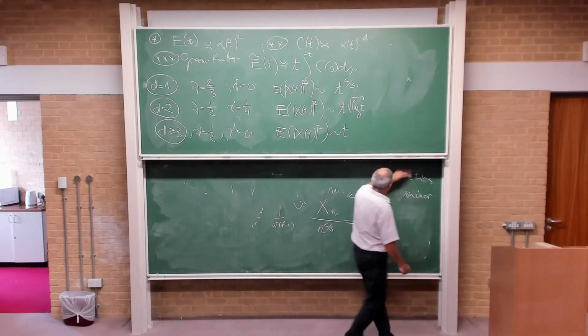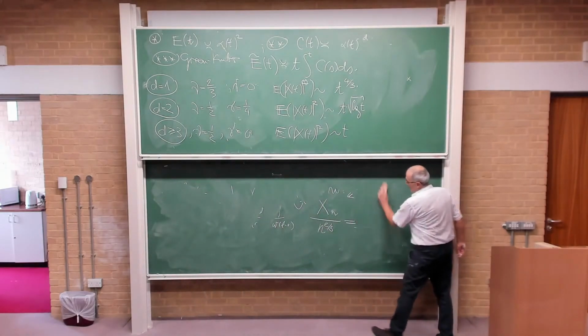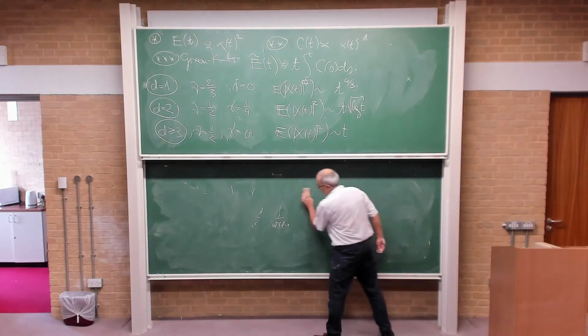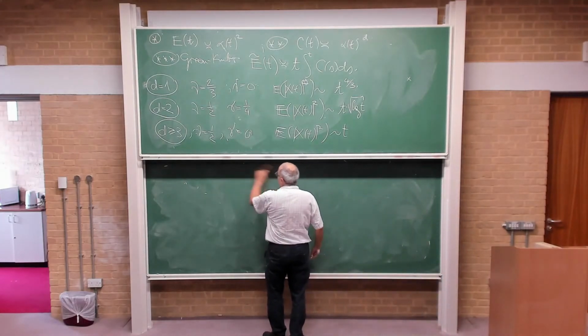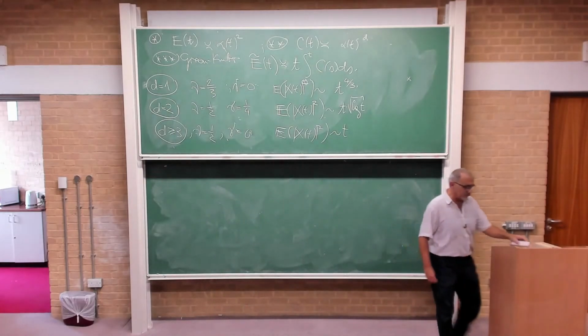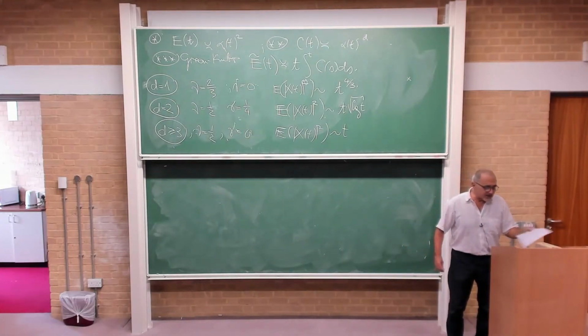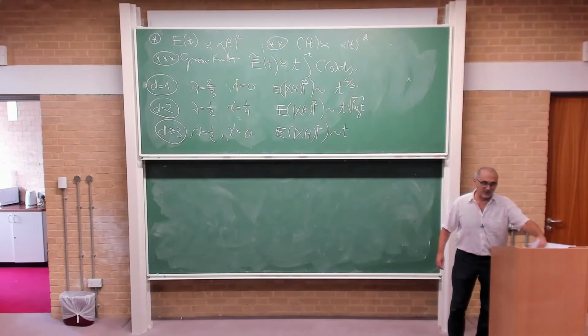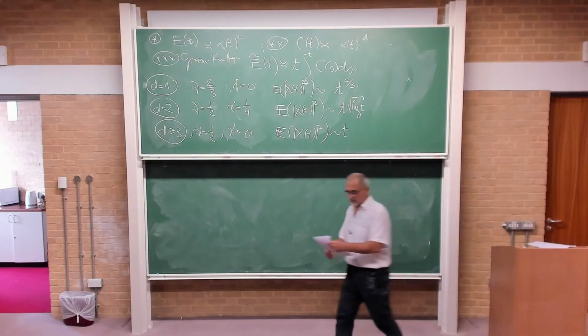In order to go to higher dimensions, the same problem can also be put in the continuous setting, not on a lattice. And in some cases, it's more convenient to speak about the diffusion counterpart.